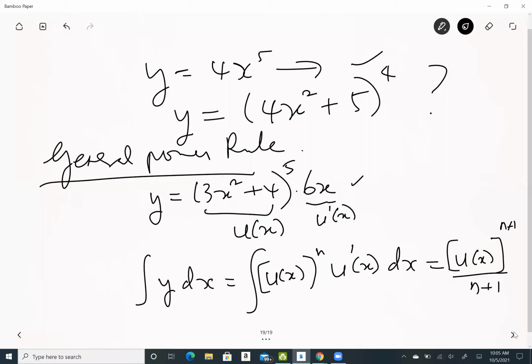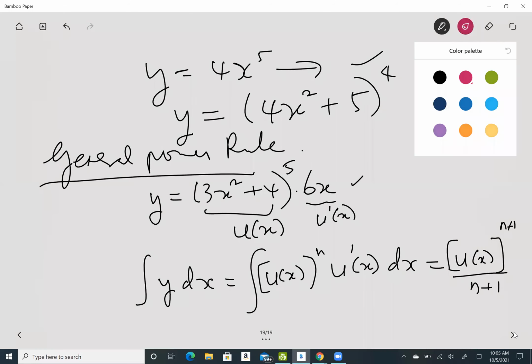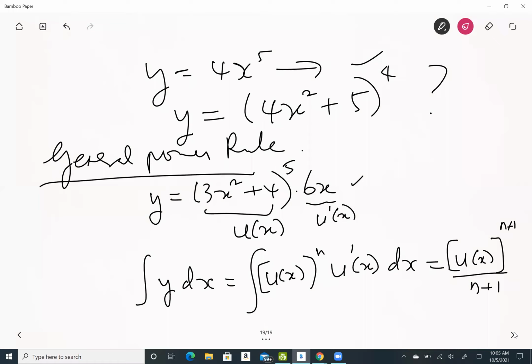So actually, this rule requires the form of the initial function. The function that you want to integrate will be in this form. All right, you have u to the power of n, and then you multiply by u prime, and then the integral will be just u to the power of n plus 1 divided by n plus 1.